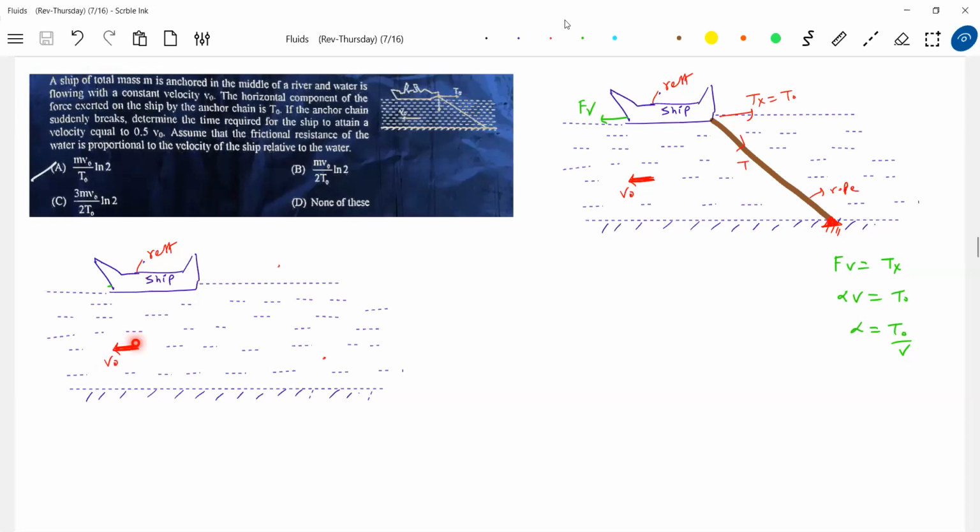Let's be alert in showing the direction. The velocity of the ship with respect to the river is calculated, and the drag should act opposite to it. So the viscous drag on the ship will be in this direction.